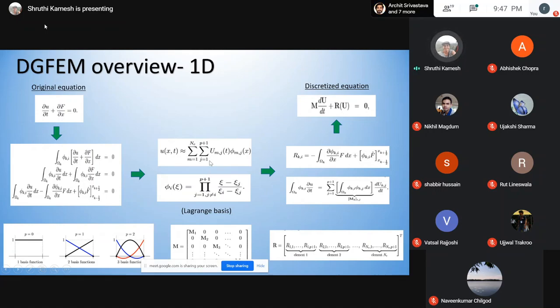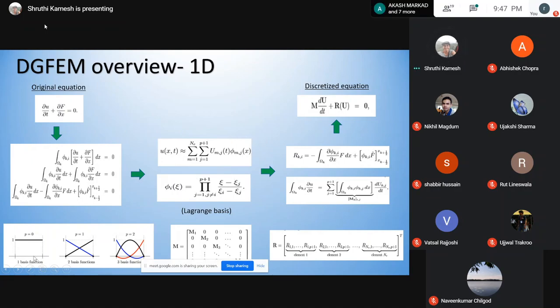Suppose my order of solution is p, which is that I want my solution to be pth order accurate. I want it to be only so much accurate, right? You're quantifying that with a number which is p, and what this means is that there are p plus one nodes, at least in 1D. If you want a solution of p accuracy, you would have to approximate it across p plus one nodes.